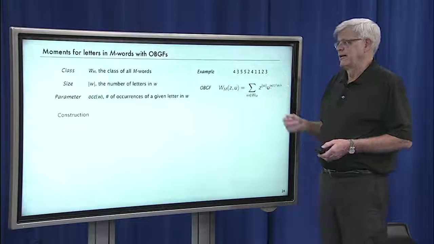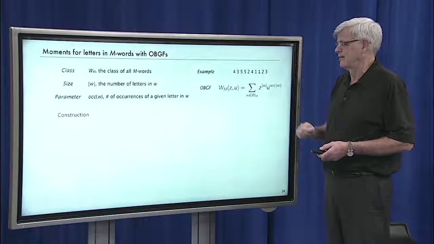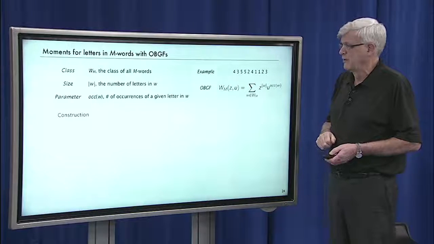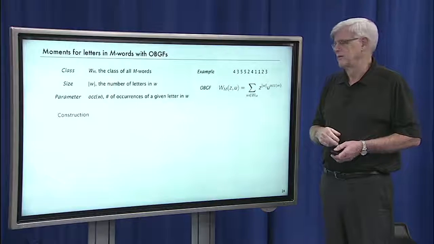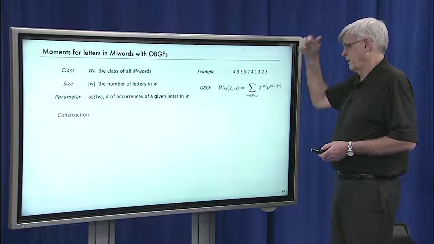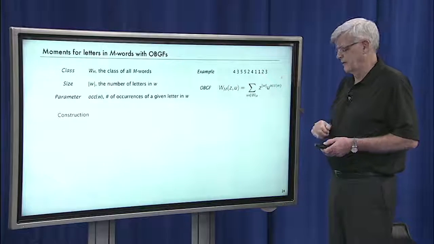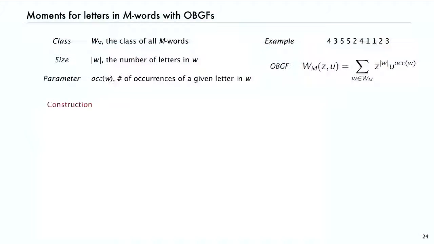All right, so here's just another example, really generalizing our number of 0 bits example. So let's talk about the class of all m words. So that's just strings with every integer between 1 and m, or sequence of sets, as we talked about last time.